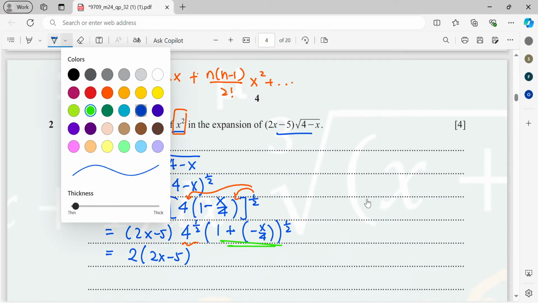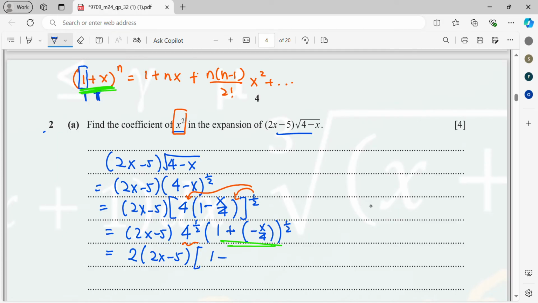Now I will get 1 plus, where n is half and my x becomes negative x over 4. Then followed by n minus 1 over 2 factorial. Half minus 1 is basically negative half, then over 2 factorial. Then my new x is negative x over 4, squared.